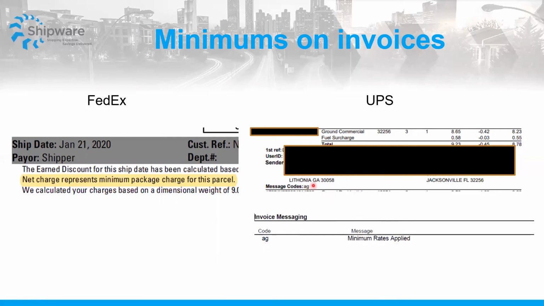So if you see that message code at the bottom of your shipment, then you'll know same thing. You did not get the full benefit of that discount. You had to pay the minimum charge. You can see from this example, you can see the $8.23. They only got about a 6% discount instead of 35, 40% that would be on their contract.